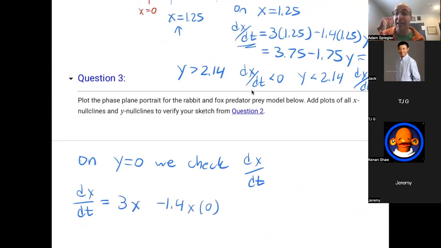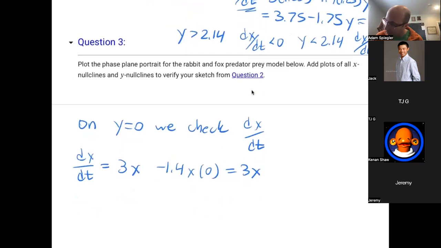Sorry, this is y equal to 0, so I'm plugging y equals 0 into the equation for dx/dt, and that simplifies to 3x. So when x is bigger than 0, dx/dt is bigger than 0, and when x is less than 0, dx/dt is also less than 0.